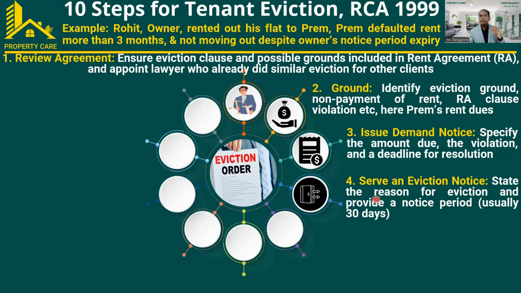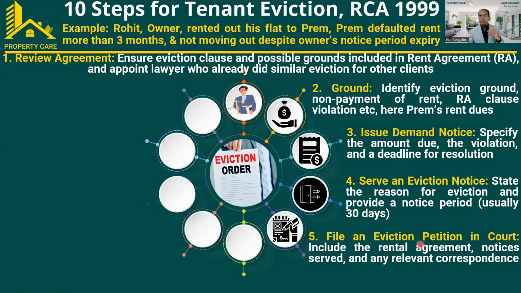The reason for eviction is non-payment of the rent, and the notice period is 30 days. You should serve this with the help of a lawyer and send the tenant an eviction notice. So the demand notice talks about the dues and the tenant defaulting on them, and next comes the eviction notice.